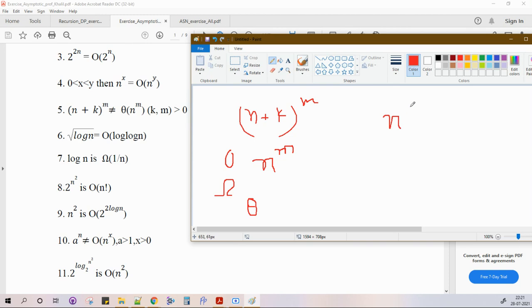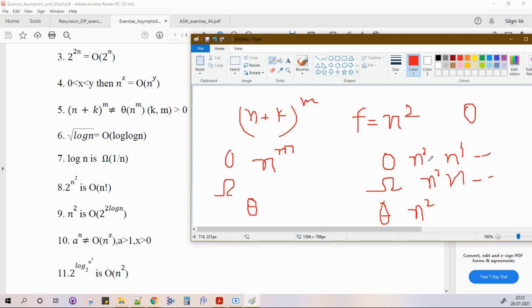If your function is, let's say, a second degree polynomial, then your O can be n square, n cube, n to the power 4, like that. Omega can be n square, n root n, like that. And theta is always the common between two, it is nothing but n square. Not always, but in most cases it would be the common of big O and big omega, right?